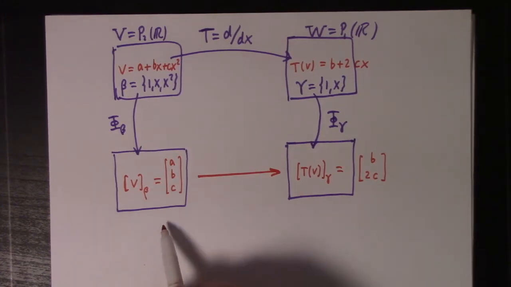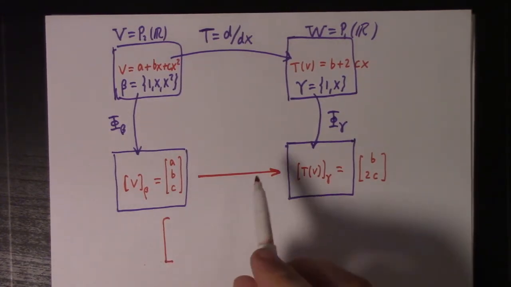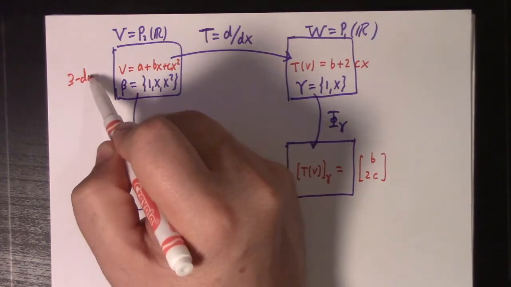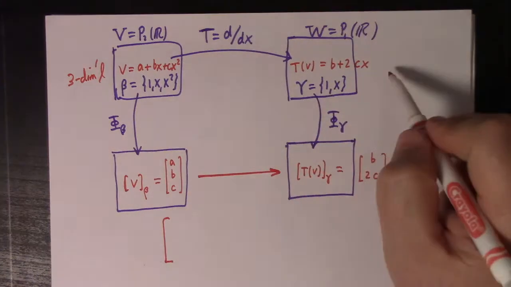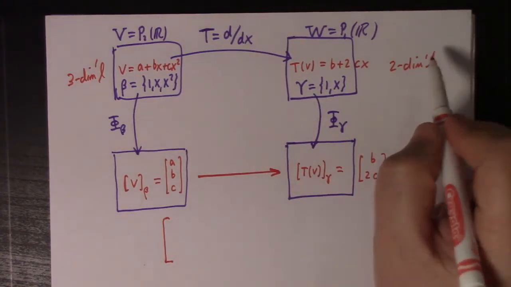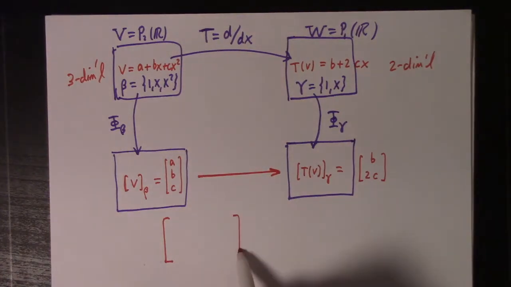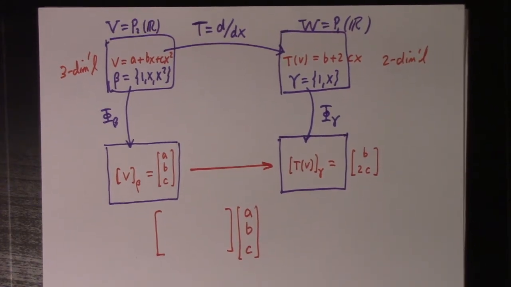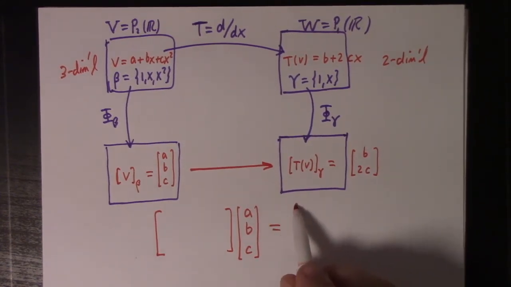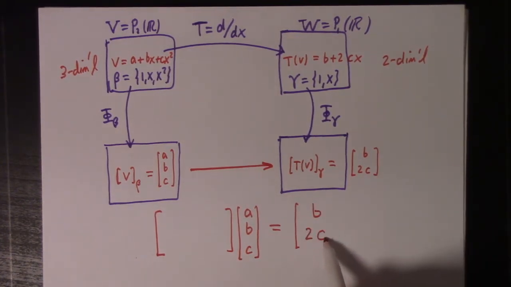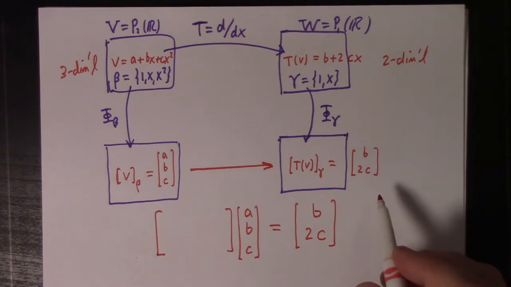So let's play a game of fill in the blank. We're going from 3 dimensions to 2 dimensions, so we're looking at a 2 by 3 matrix. We're multiplying a, b, c, and what's supposed to come out is b and 2c, right?